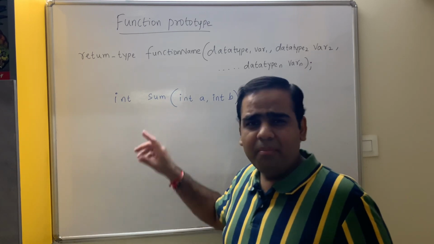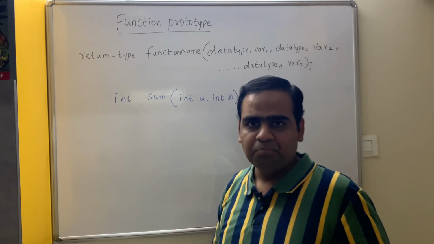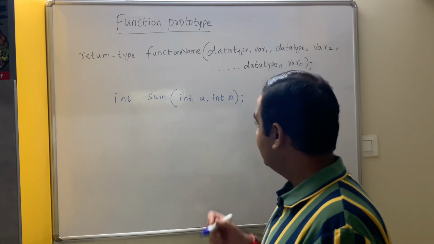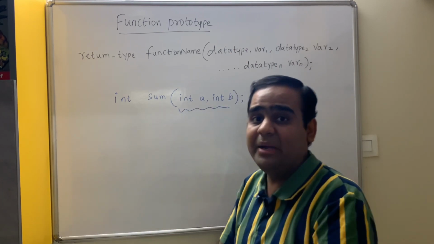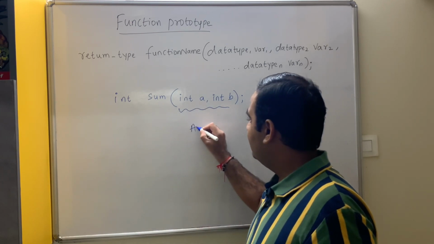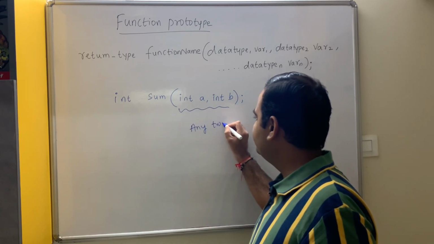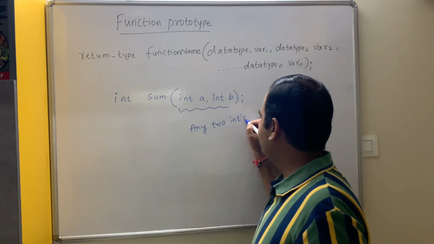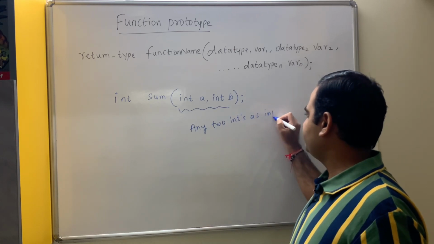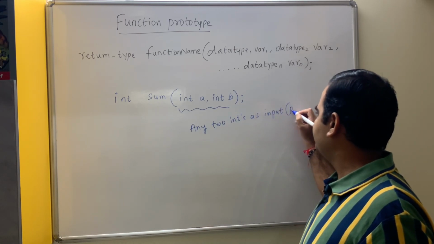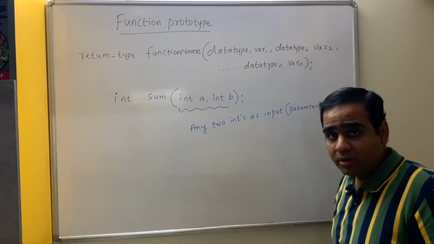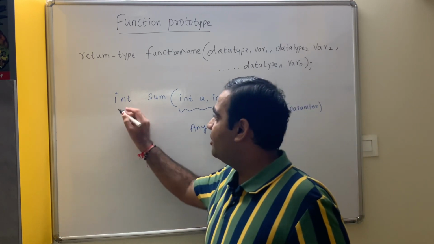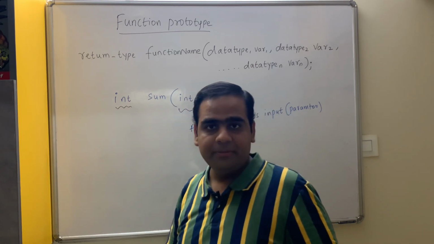It says that sum is a function which takes any 2 integers as input. These are the parameters, which take any 2 integers as input and returns the answer in the form of integer.